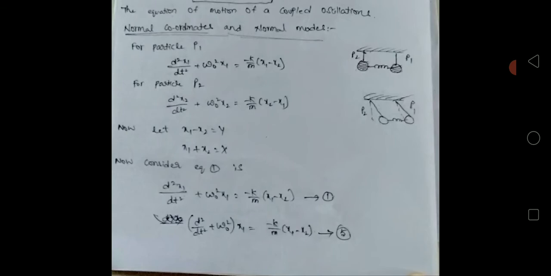Taking x1 common, we write (d²/dt² plus omega naught square) x1 equals minus k by m into (x1 minus x2). We indicate this as equation number 5.